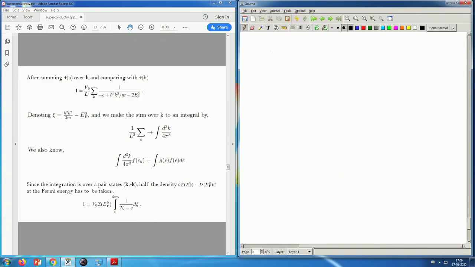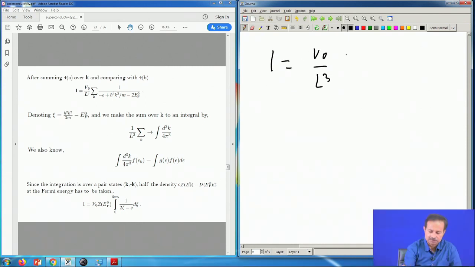So, we are almost towards the end of the famous Cooper problem, and we got this relation that 1 is equal to V0 by L cubed, sum over k, 1 by minus epsilon plus h cross square k square by m minus 2 E_F0.